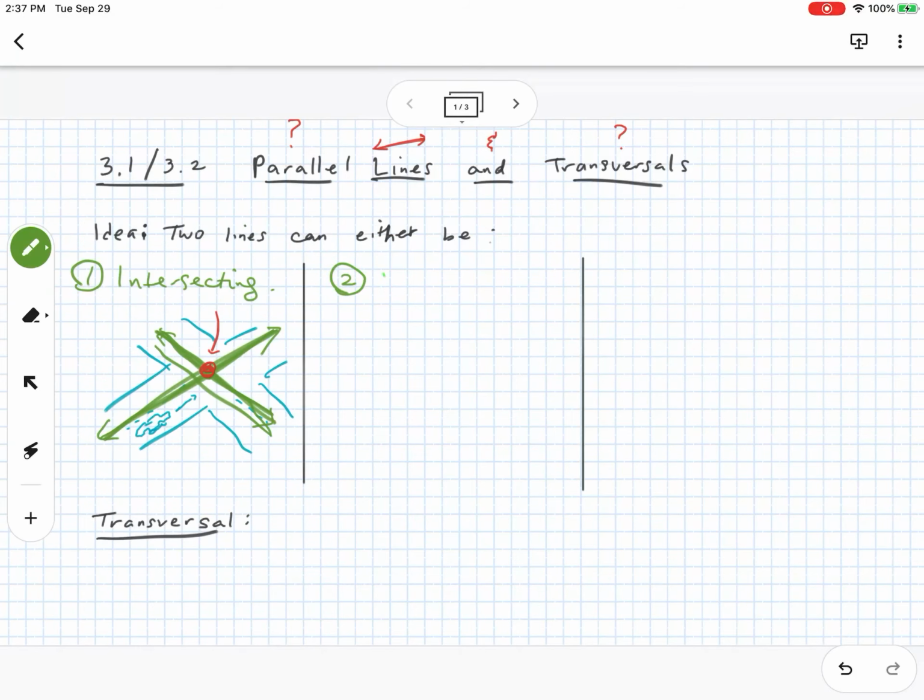And then the second option is that they can be what we call parallel. Or in other words, they can never intersect. Okay, they can never intersect. So for example, on the east side of LA, there's a freeway called the 60 freeway.